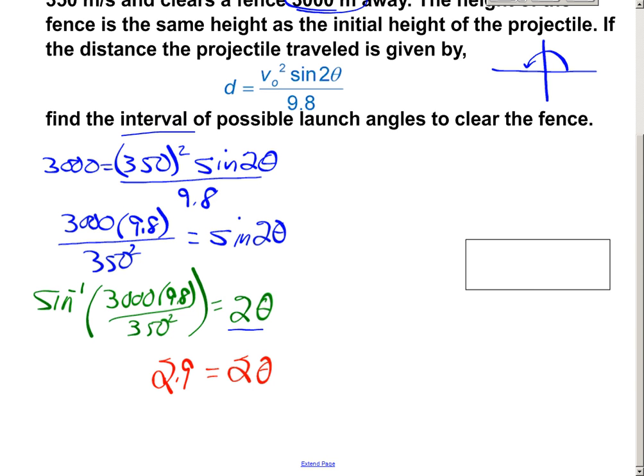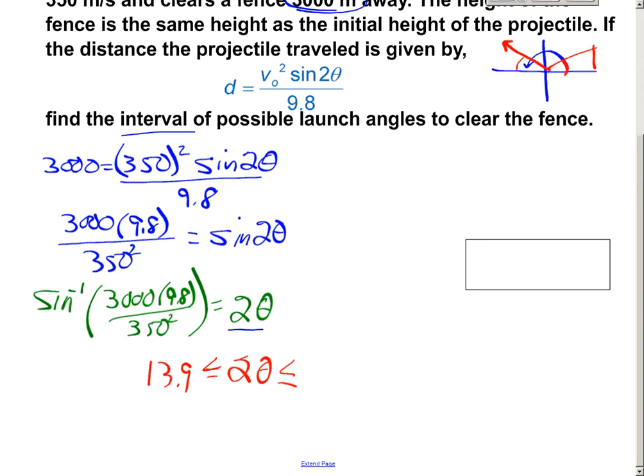Well, that's really only half of what we want. It's really between that 13.9, I don't know why I wrote 2.9 there, 13.9 and its supplement. Because if the 13.9 is here, then we look at a reference angle over here of 13.9 also, which would be approximately 166.1 degrees.